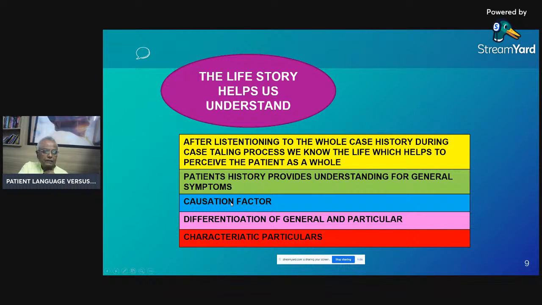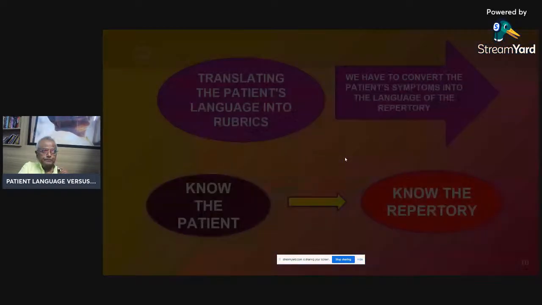We have to find out the causative factors. We have to find out the differences between the general and particular symptoms and the characteristic particular. These requirements you can understand completely when you have the understanding of the whole history of the patient, the story of the patient.